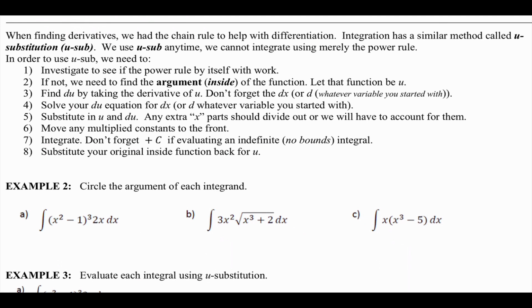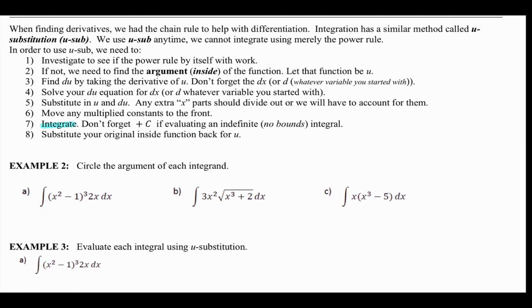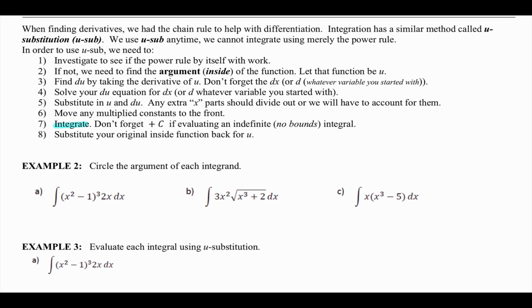That's where the substitute comes in. And then we move any multiplied constants to the front. And then we integrate. So when I say integrate, I mean antiderivative. Find the antiderivative. Don't forget the plus c. Move everything back in the way it started. You're done.